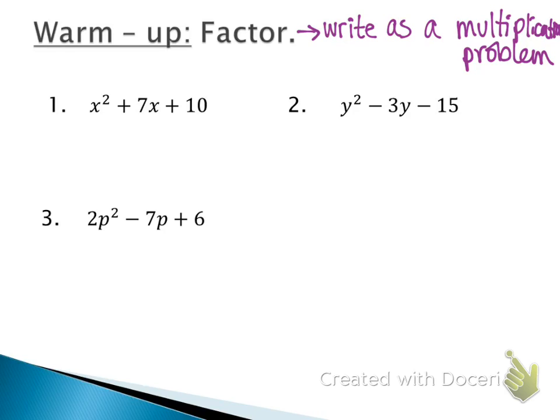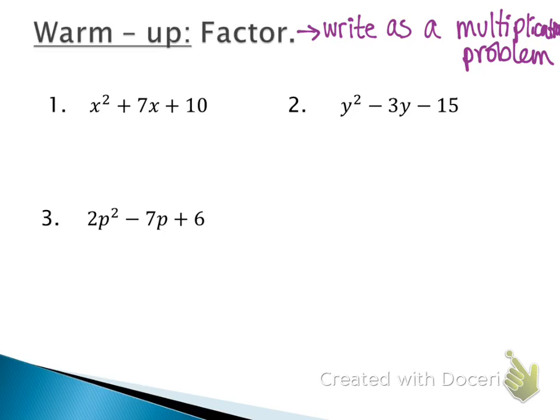Now, if you still have your flow chart, that could come in handy today when we are having to factor some of these. The first thing we're supposed to look for is a GCF. On number 1, do we have one?